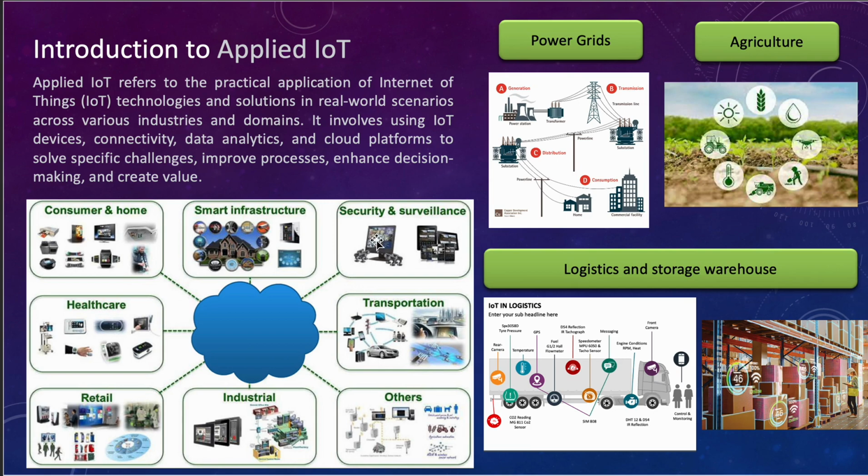So we now have an understanding of what applied IoT is, why we apply IoT, and what outcome we are expecting from applying IoT. The outcome should be either to solve a specific challenge or problem, improve a process, enhance decision making, or create value. At least one of those criteria should be met.